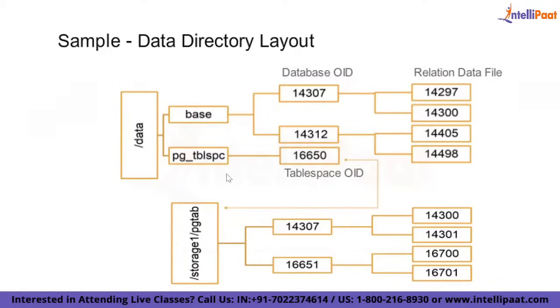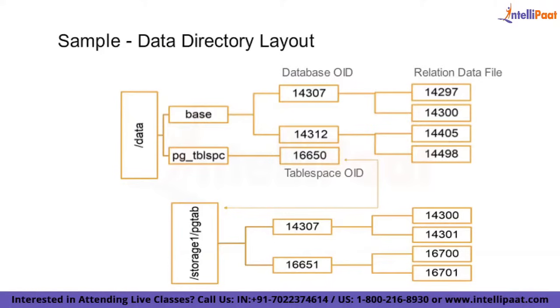So this is how it works. When you create a tablespace, a directory will be created under the pg_tblspc directory. Let's say you create a tablespace using a directory; this is a symbolic link which points to the actual directory, and in it the same process applies. So when you create a database, you need to consider whether you have enough space in the data directory.